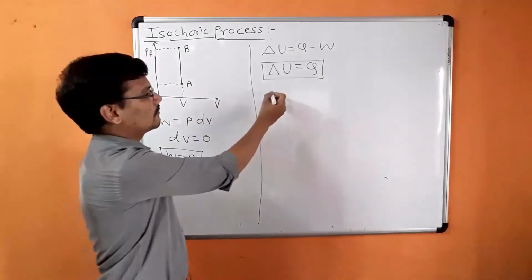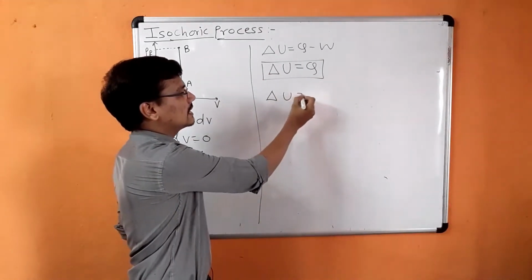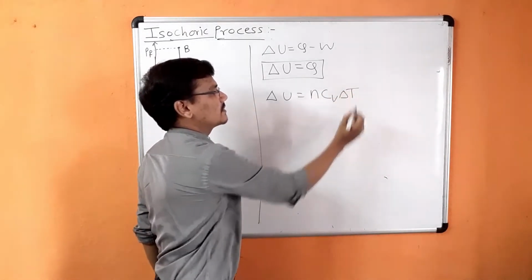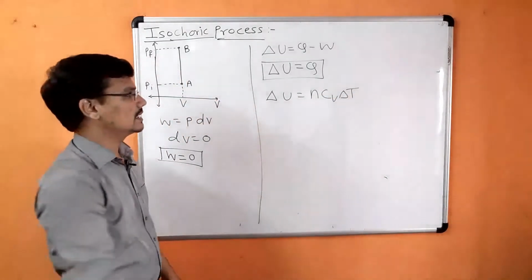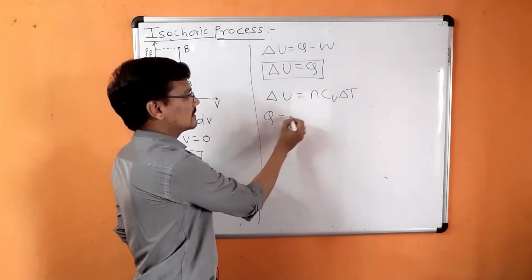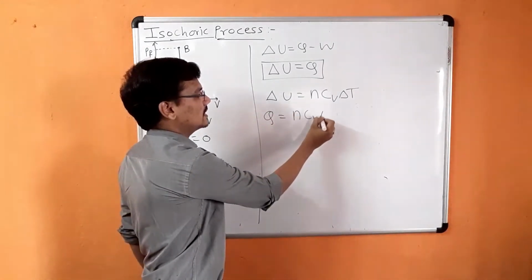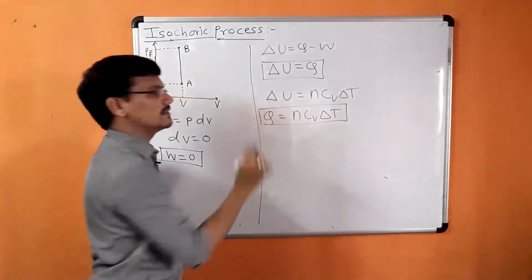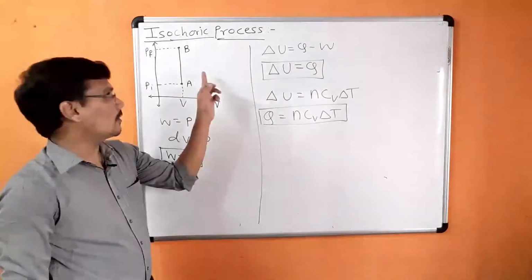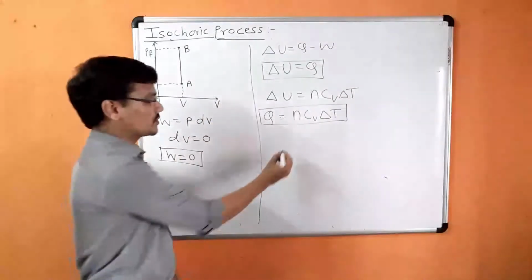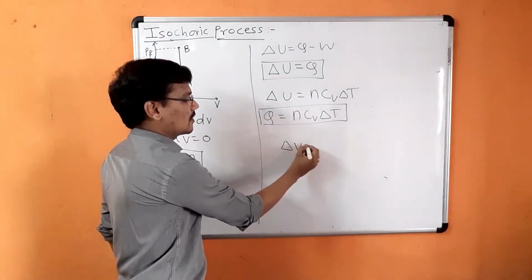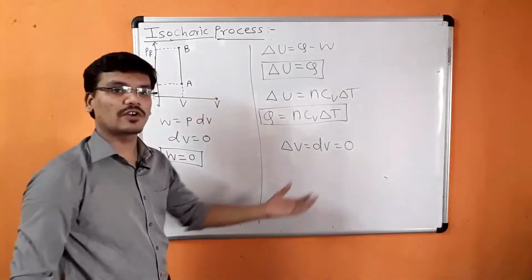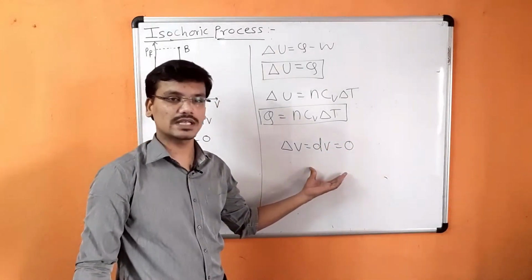Now, formula for internal energy is delta U is equal to n Cv delta T. Therefore, Q is equal to n Cv delta T. For this process, remember delta V or dV is always equal to 0 because this is a constant volume process.